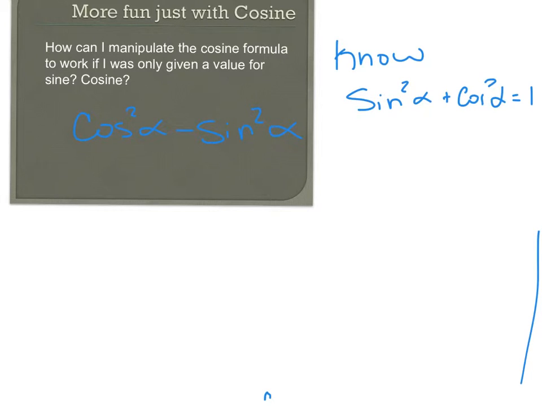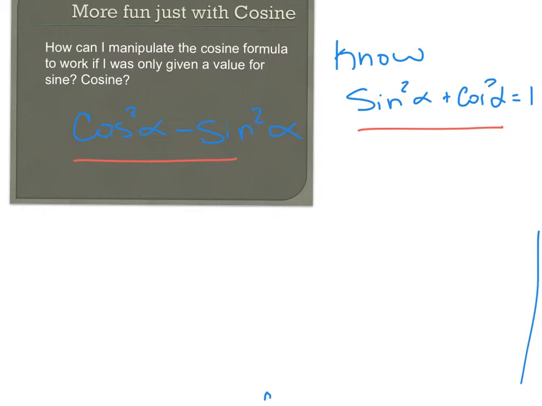So how can I use that? Let's say you're given a problem and sine is the only thing that you have. Well, I can use these two together and do some substitution to manipulate. Now, I don't have to use these other ones, but we're going to derive them, okay? If you only know the one that we start with, that'll work for you.